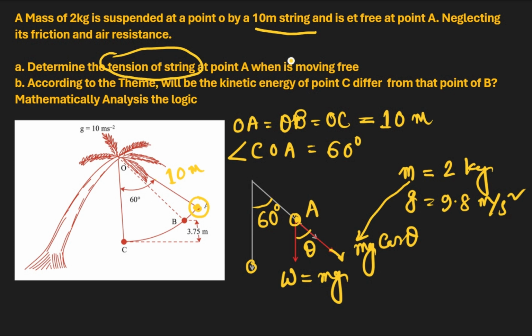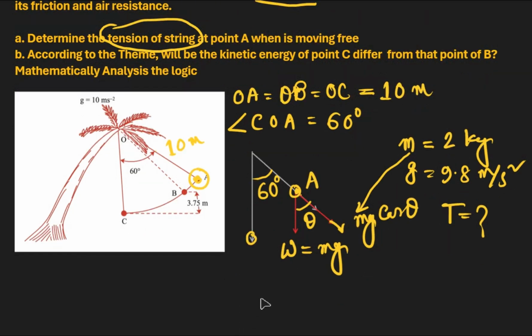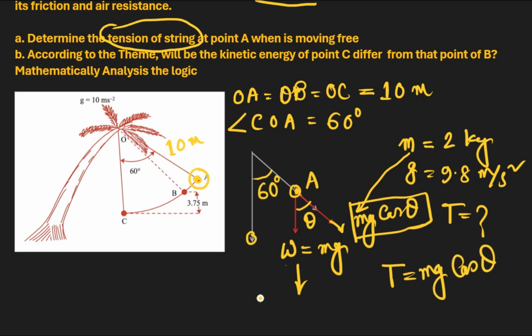And what we have to calculate is the value of tension. Here the very important point is the weight of the body, W equals mg, which is towards the downward direction, and the tension of the string is the component of weight along the string. So the tension T equals mg cos theta.